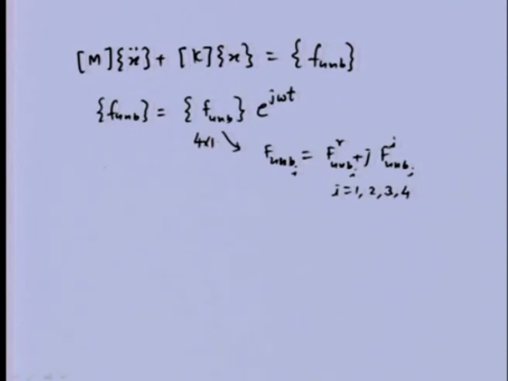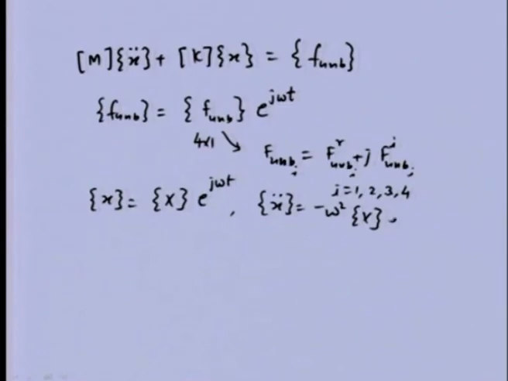Once we have chosen the force like this, the response x can also be assumed in this form, in which capital X is the complex displacement, and this gives us the double derivative as minus omega square capital X e to the j omega t. This can be substituted in the equation of motion.